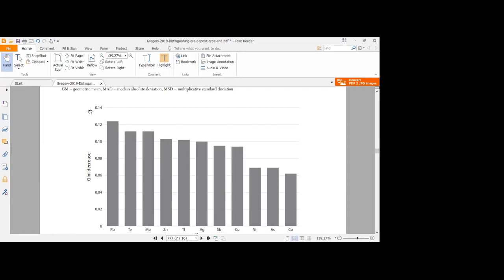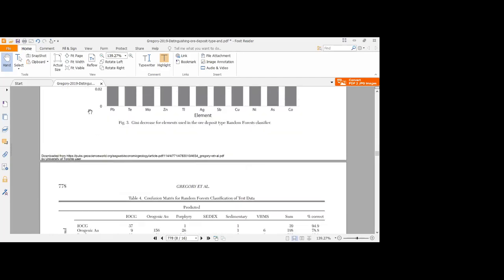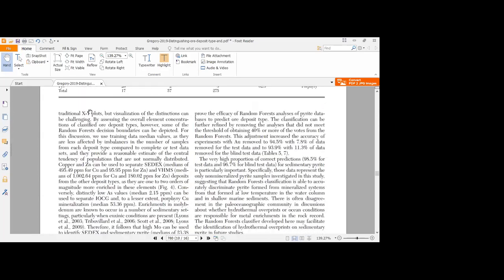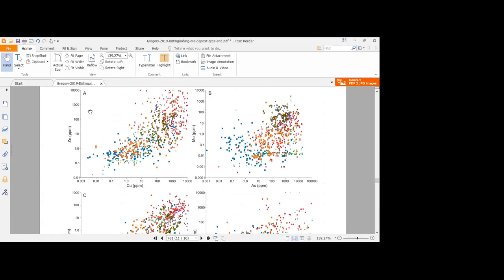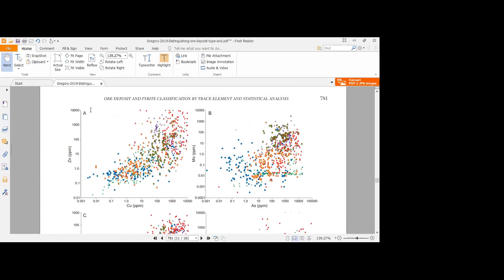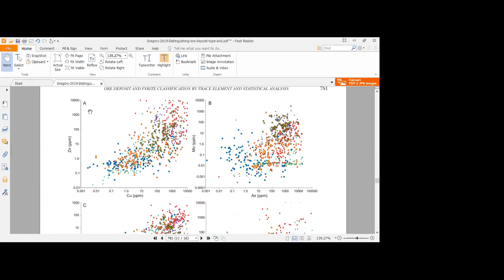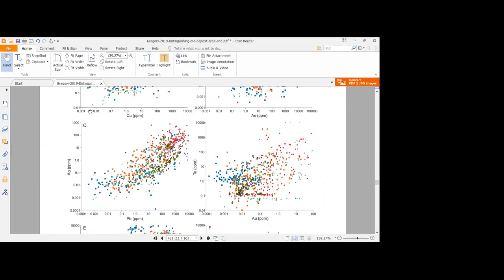You can see in the later figures, the element versus element figures, that the first or second elements couldn't split them out.